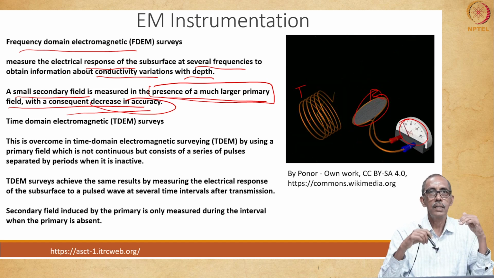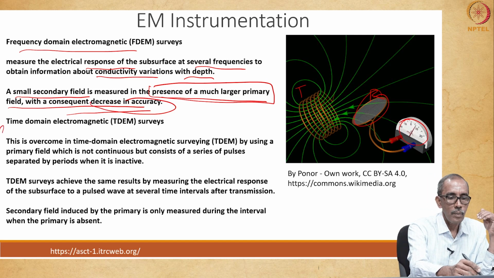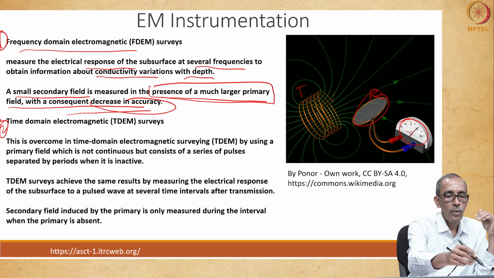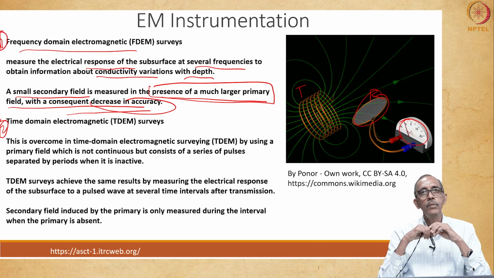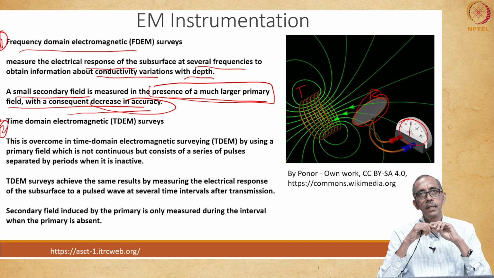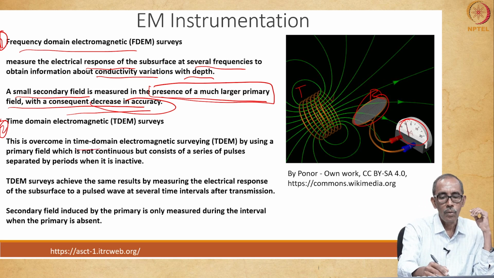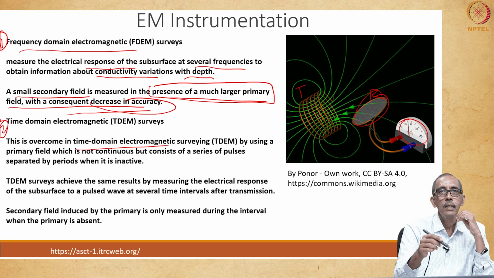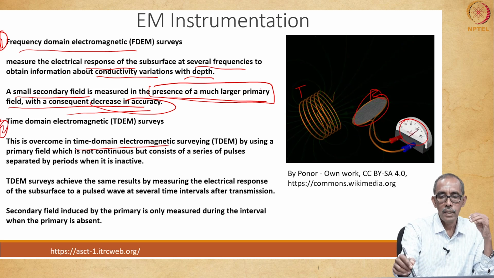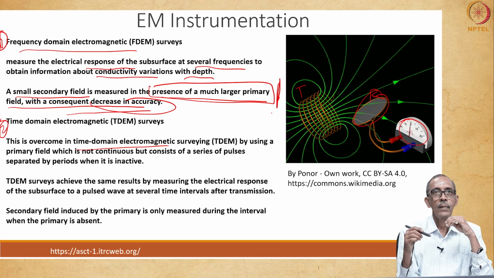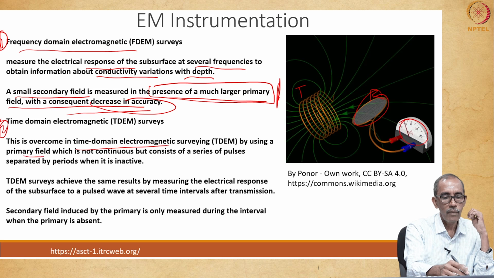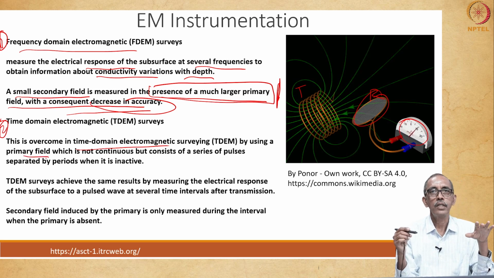To overcome this, the next method, that is number 2, is known as time domain electromagnetic methods. This method overcomes the issue which we just saw by using a primary field which is not continuous.